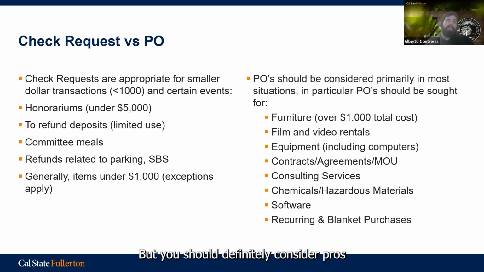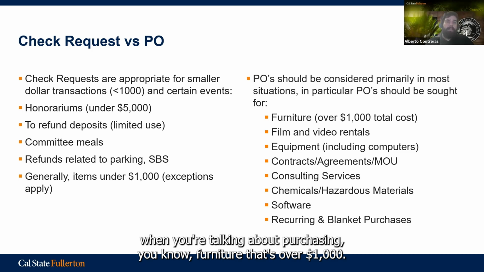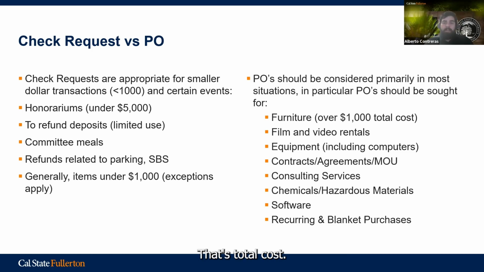You should definitely consider POs when you're talking about purchasing furniture that's over $1,000. That's total cost, including installation, delivery, maybe haul away, film and video rentals, equipment, including computers.